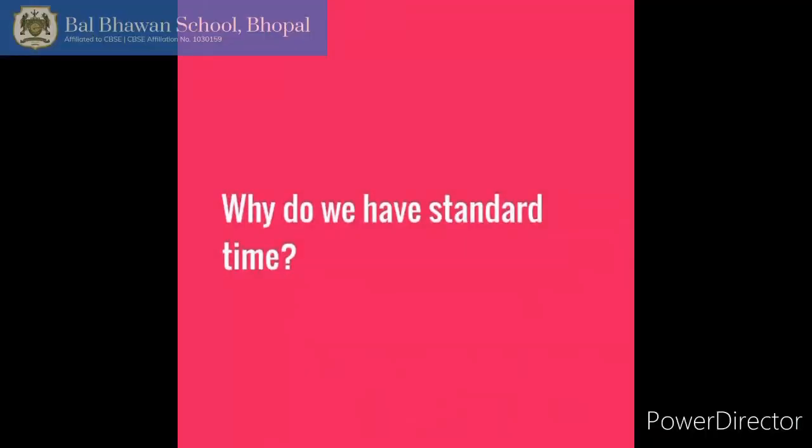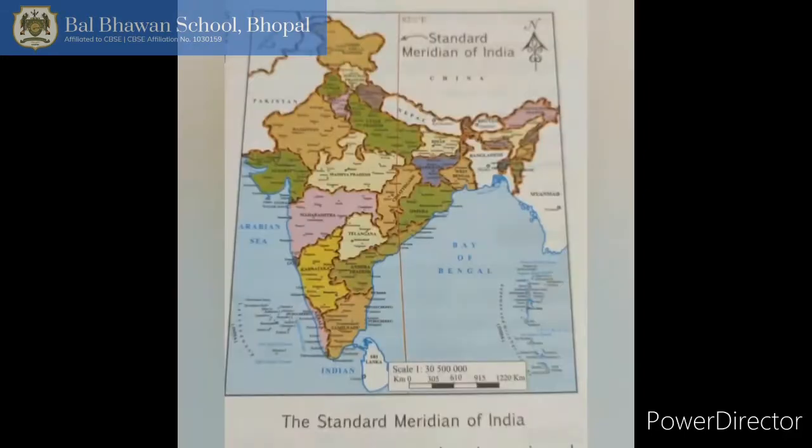Children, let's find out why we have standard time. A country may have many longitudes passing through it. Hence, different places may have different times within the country. Thus, every country chooses a longitude that passes through its center, and the time at that longitude is taken as the standard time of that country.